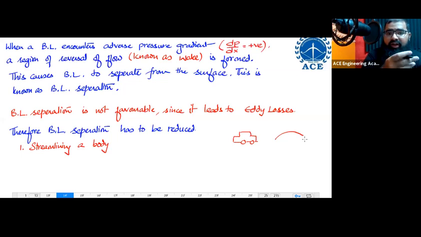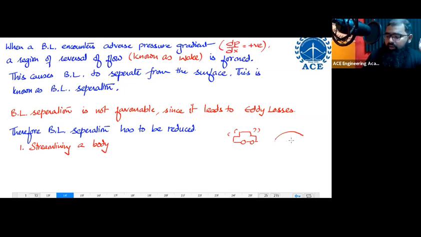What advantage are you having in this particular model? In the older Honda City model, you are having a lot of boundary layer separations taking place. When the body wanted to move forward, it was having a lot of separation taking place. Therefore, it was experiencing a lot of losses. Mileage will decrease, you are going to get lesser fuel efficiency.